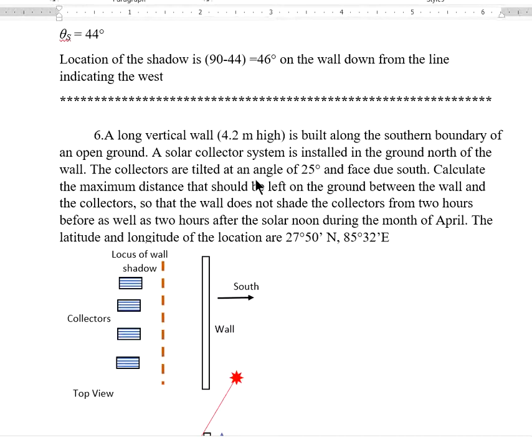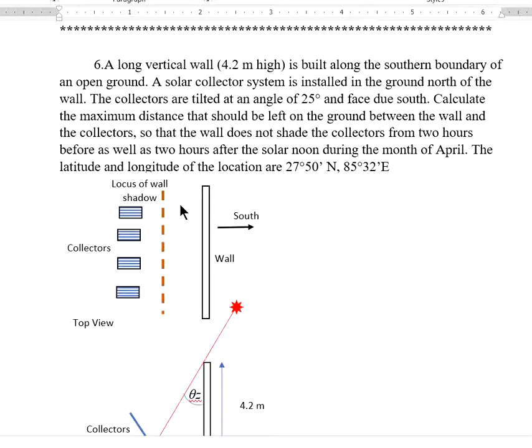Now this is problem number 6. A long vertical wall 4.2 meter high is built along the southern boundary of an open ground. So a wall is built on the south side of the ground. This is a sketch of the problem. A solar collector system is installed in the ground north of the wall.